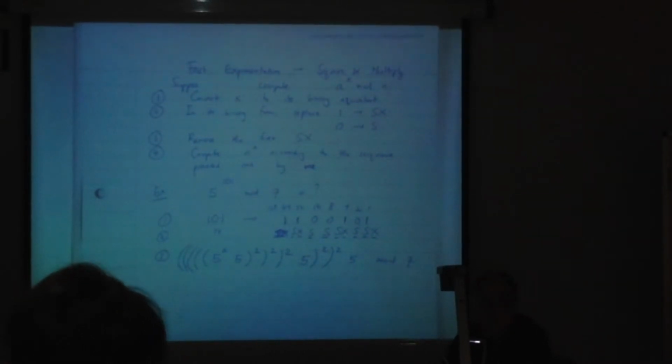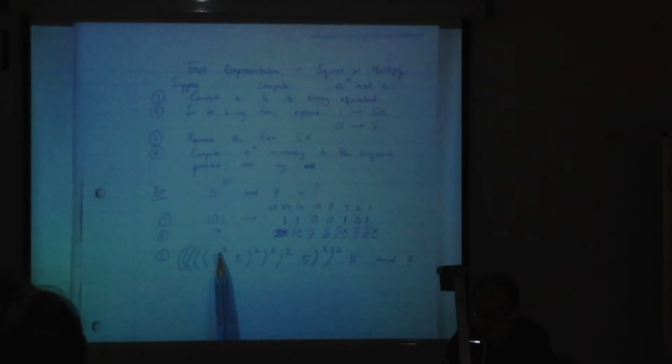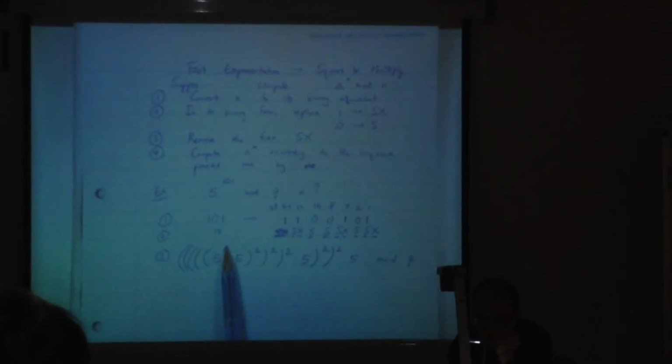Okay? Now you need to check. This one is 5 square. 5 square multiplied by 5, that means 5 to the 3, yes? And then I take square, that means 5 to the 6.